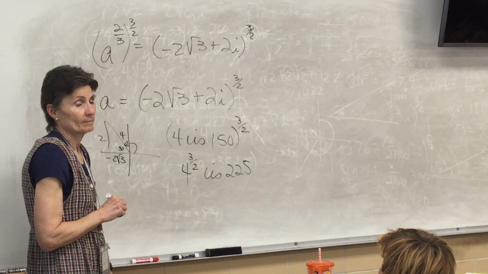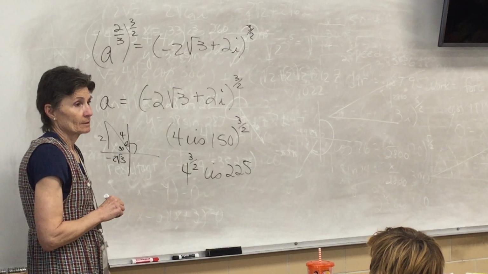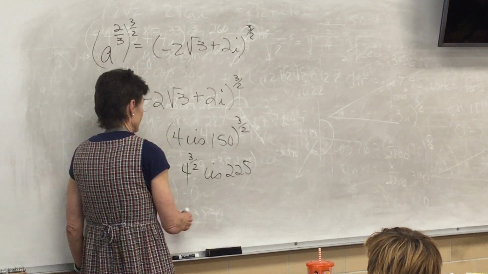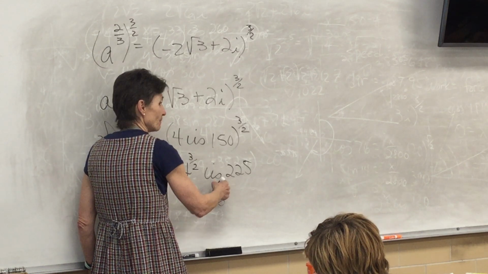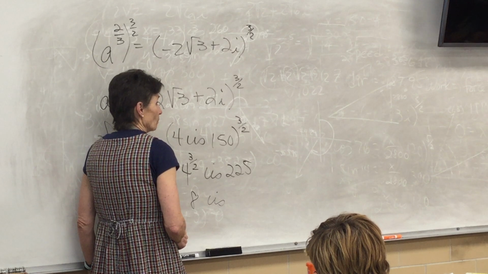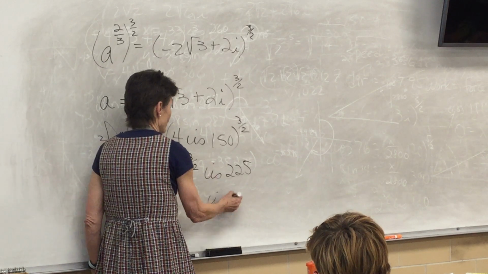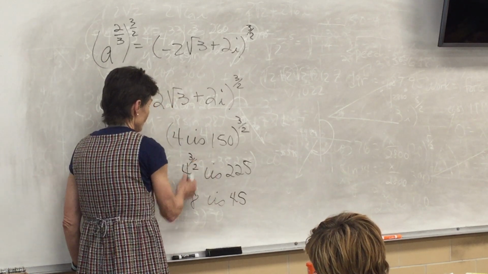That's my first one. What's my second one? Well, how much different is it gonna be? 180. So 45? 4 to the 3 halves is 8.